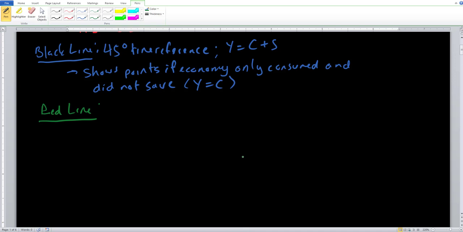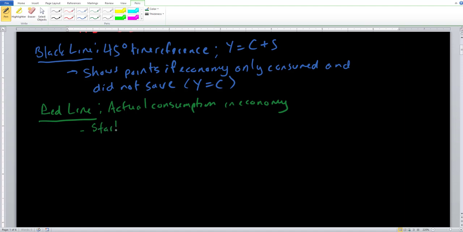So let's jot down once again a few of these things and slowly build up this actual consumption line. Here, this red line is actual consumption in the economy, and this is going to be our model line. We're going to put a few points on here to prove a few points about this consumption function.